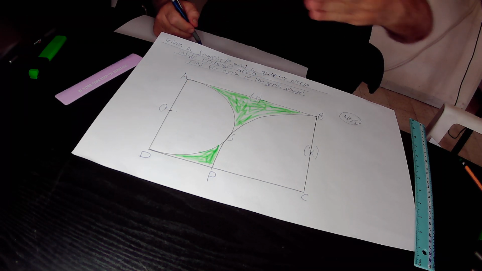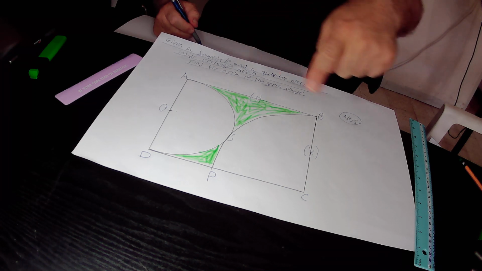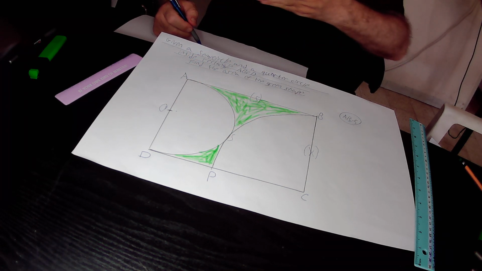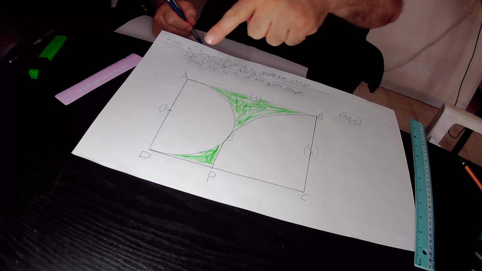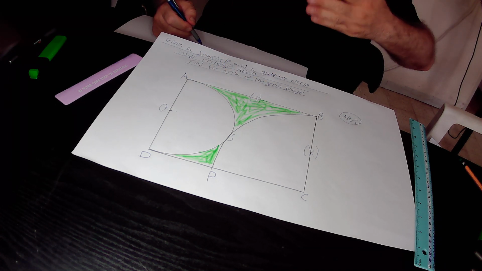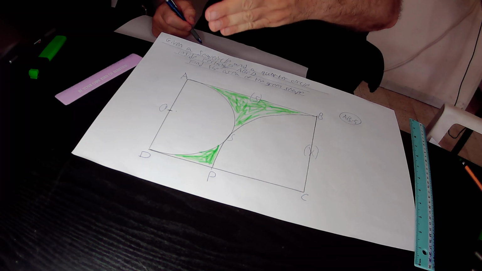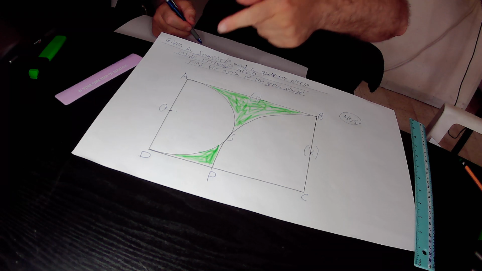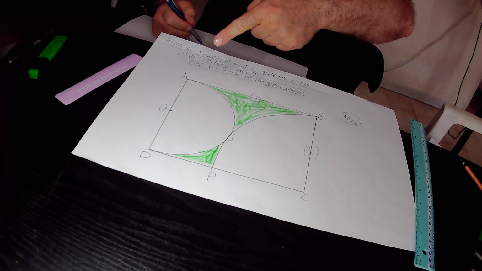AD is not only one side of rectangle ABCD, but AD is also the diameter of this semicircle. So we actually know that the diameter of the semicircle AD equals x. So if the diameter of this semicircle equals x, the radius must be equal to half of it. So the radius must be equal to x over 2.